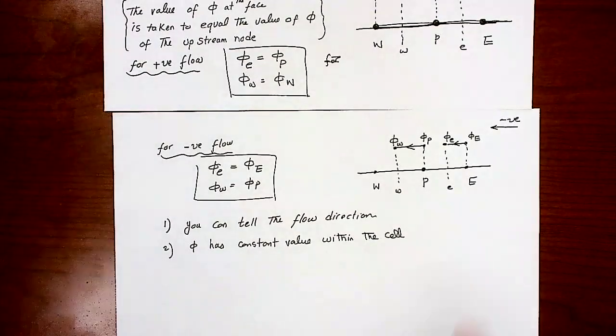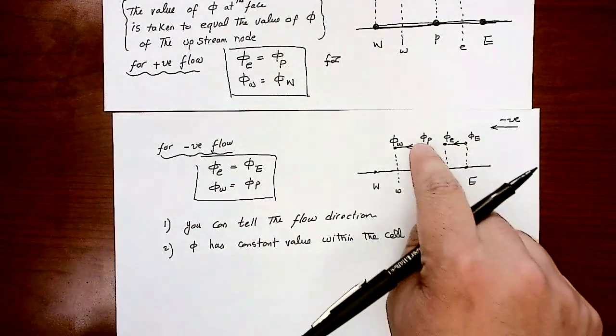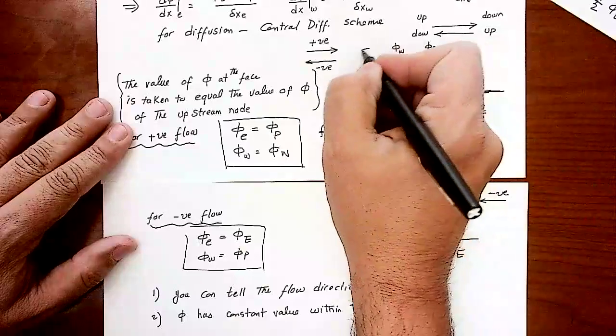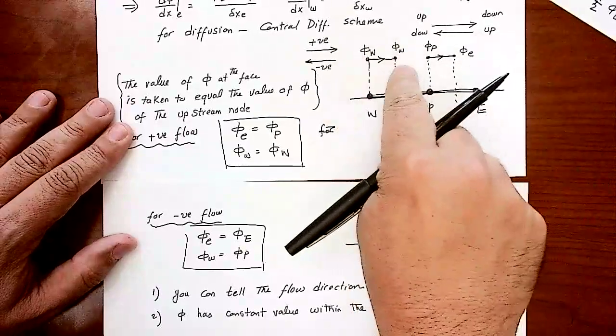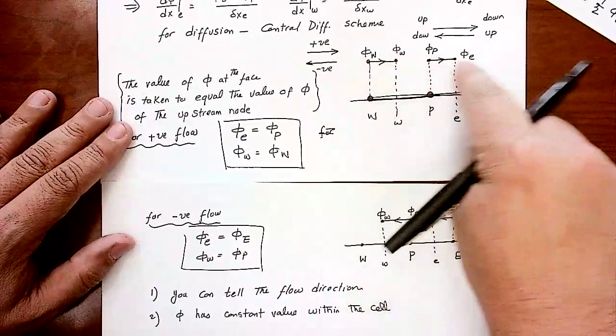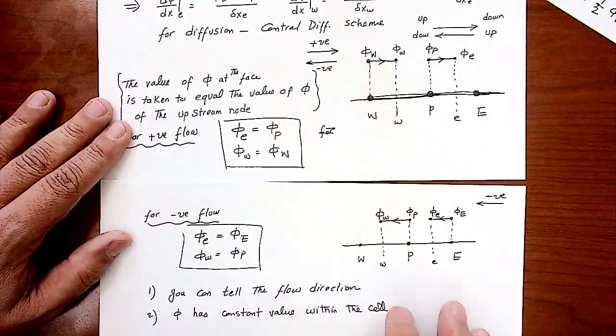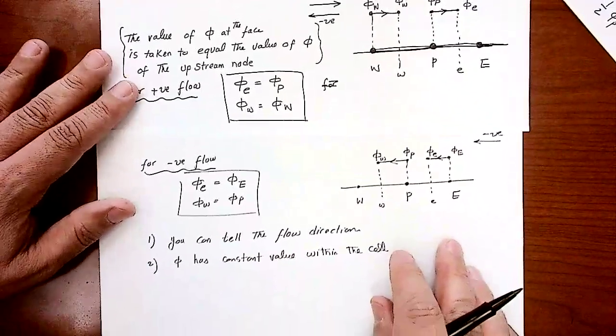So phi east is equal to phi P, and phi west is equal to phi W, or in the negative case, phi west is equal to phi P, and phi east is equal to phi E. So it's assuming that phi is always constant within the cell.